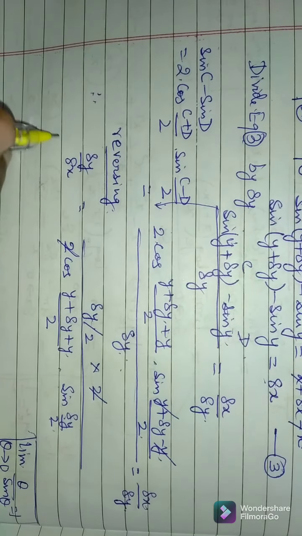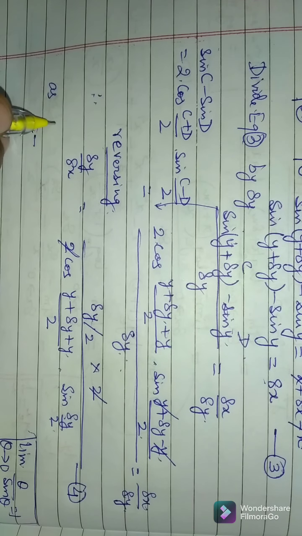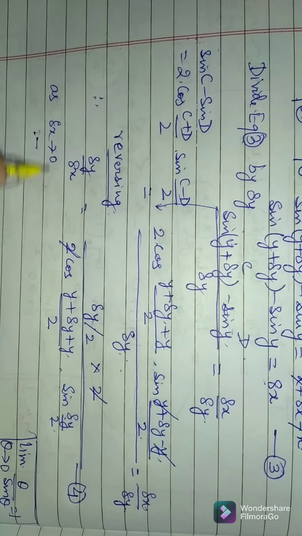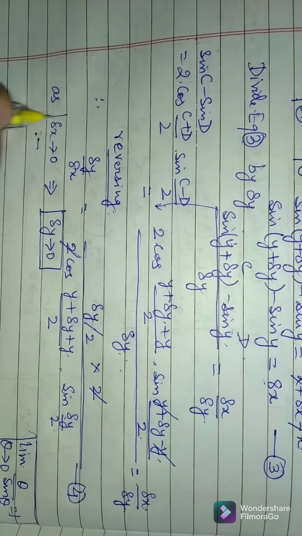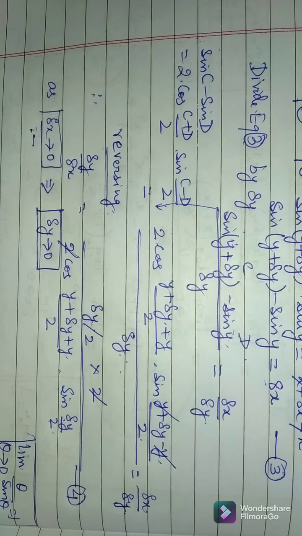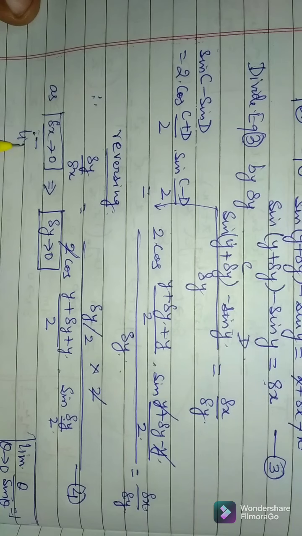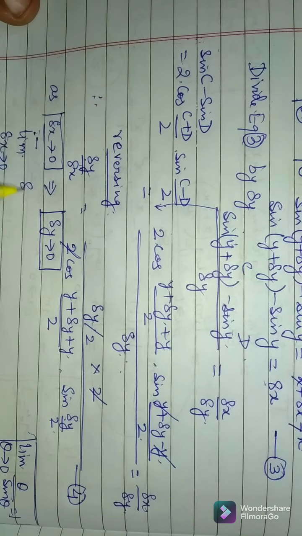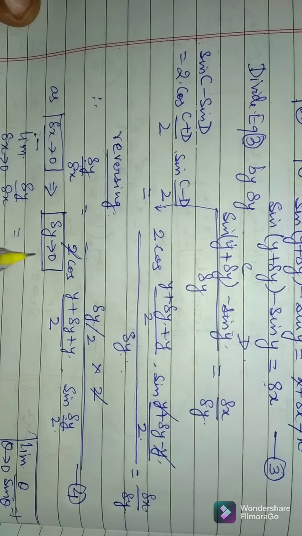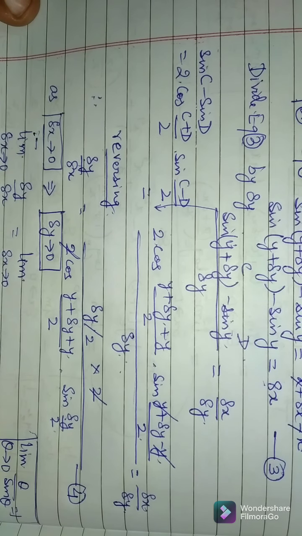So here we take the limit in equation 4. As delta x tends to 0, it implies delta y also tends to 0. When delta x tends to 0, delta y will also tend to 0, because delta y is the dependent variable on x. So we take the limit delta x tends to 0 of delta y by delta x, and here you write the limit when delta x tends to 0, delta y also tends to 0.